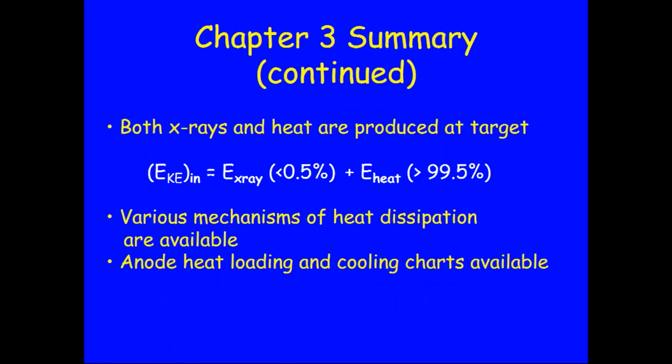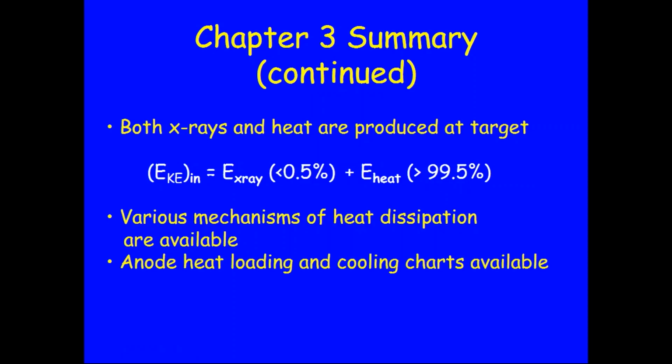Finally, concerning the heat capacities of these systems, we mentioned that most of the energy of the electrons goes into heat production. Look at that, more than 99.5%, and in some cases even 99.9% of the energy goes into heat, and a very small fraction into X-rays, actual useful image-producing X-rays.